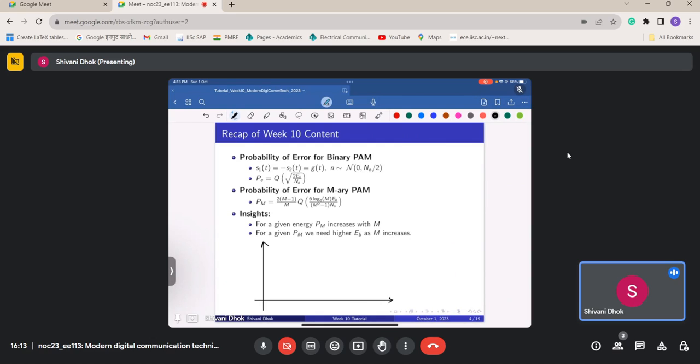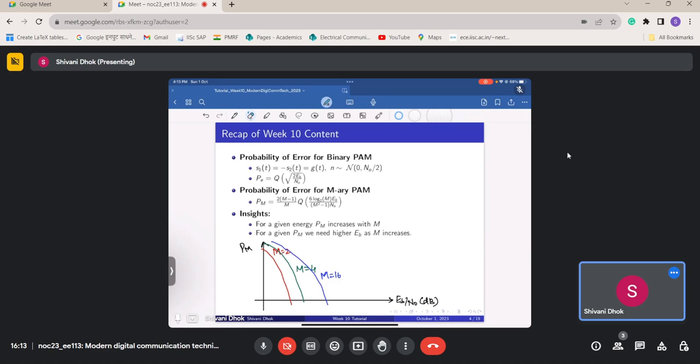So this was EB by N naught in dB, and this is PM, and this was the curve for M equal to 2. Then for M equal to 4 it increased, then for M equal to 16, and so on.